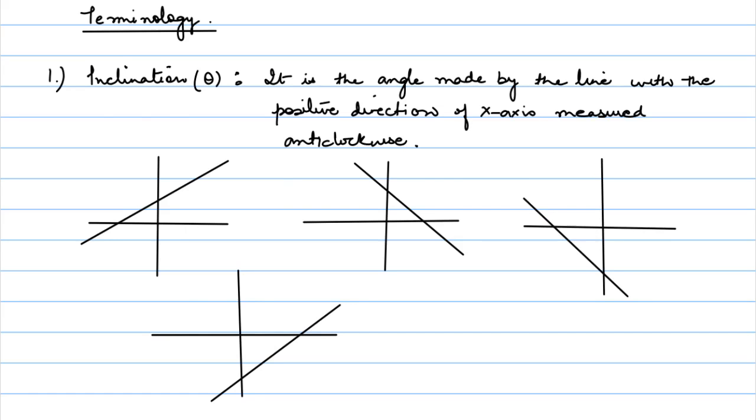What do we mean by anti-clockwise? It is when we move in the direction opposite to which the clock moves. The clock moves in this direction, so anti-clockwise means we are moving in this direction. This is clockwise, this is anti-clockwise. In each case, this is your x-axis and this is your y-axis.